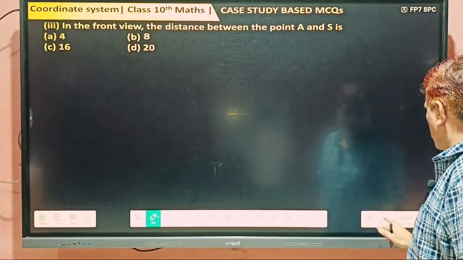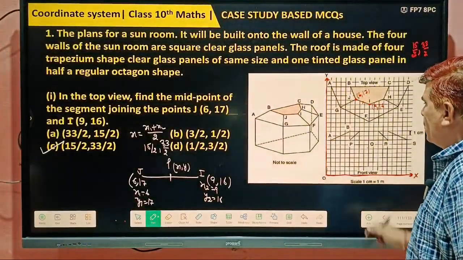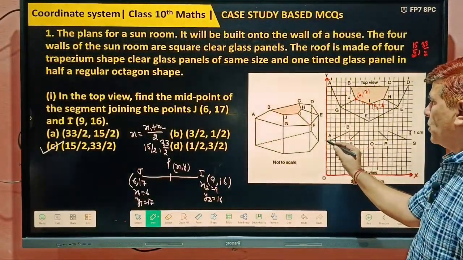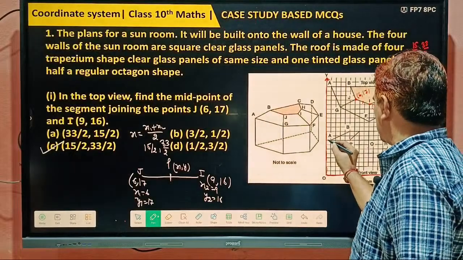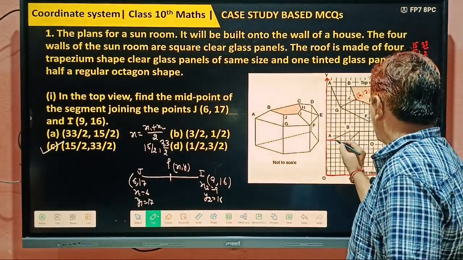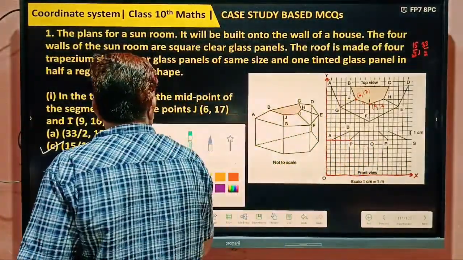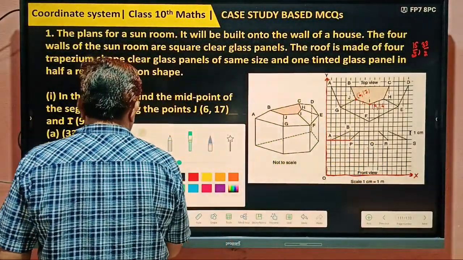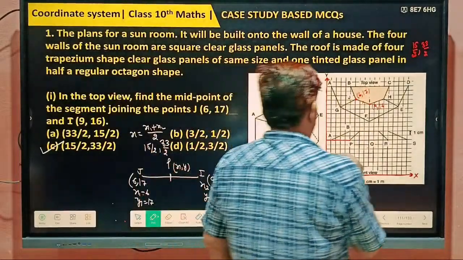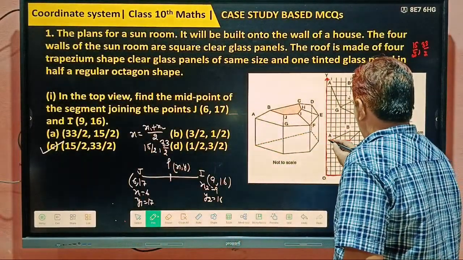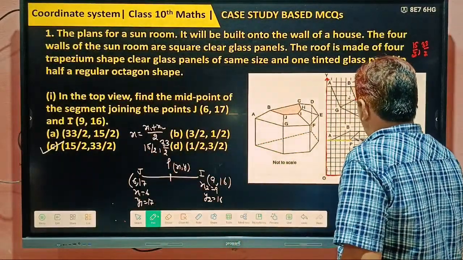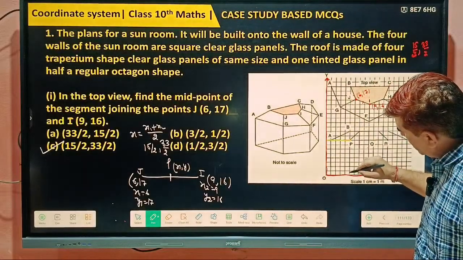This is the distance from the y-axis, this one. I can tell the coordinate of that point. So distance is this, and its another coordinate is this.